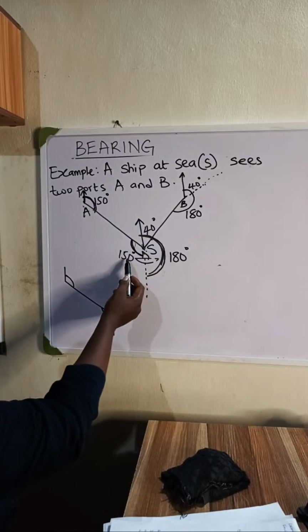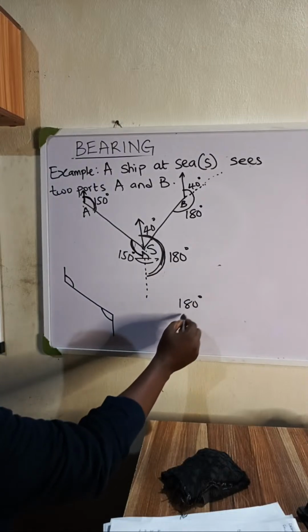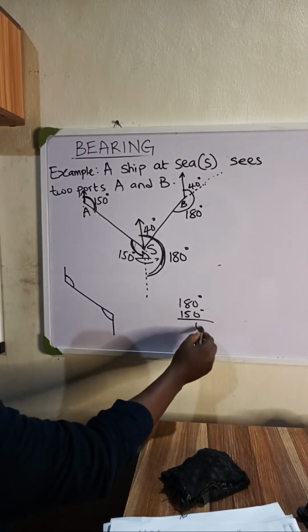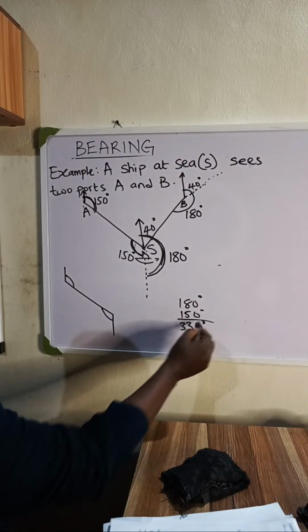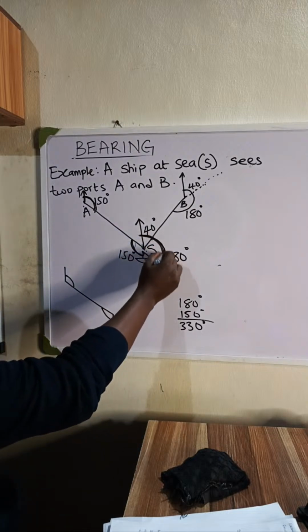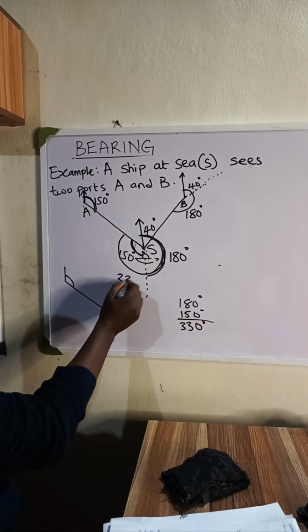So you're going to have 180 degrees plus 50 degrees plus 150 degrees. So this will give us 330 degrees. So the total turn is 330 degrees.